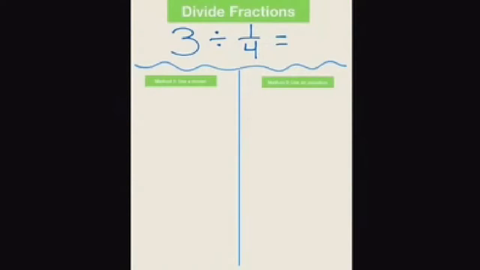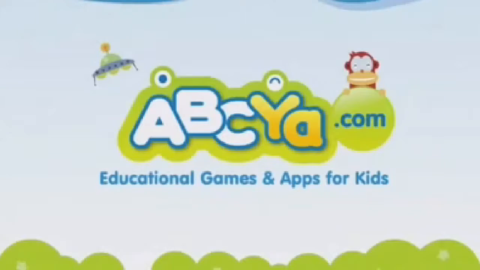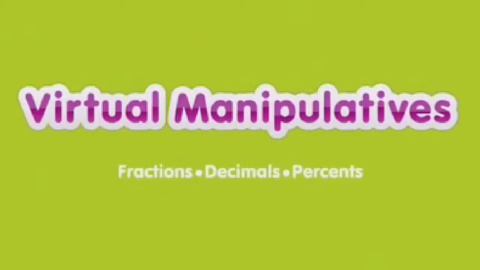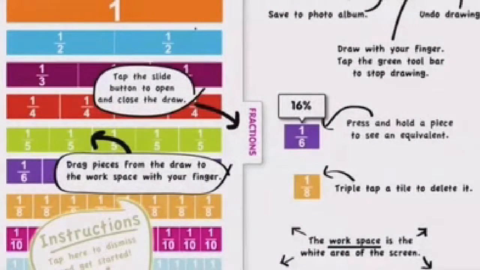Okay, so let's go ahead and try an example together now. Our first example is 3 divided by 1/4. So we're first going to try this using a model. So go ahead now and pull up your virtual manipulatives. I'm going to pull up mine. Okay, and the first thing we're going to do is just go ahead and write our division problem, which remember was 3 divided by 1/4.